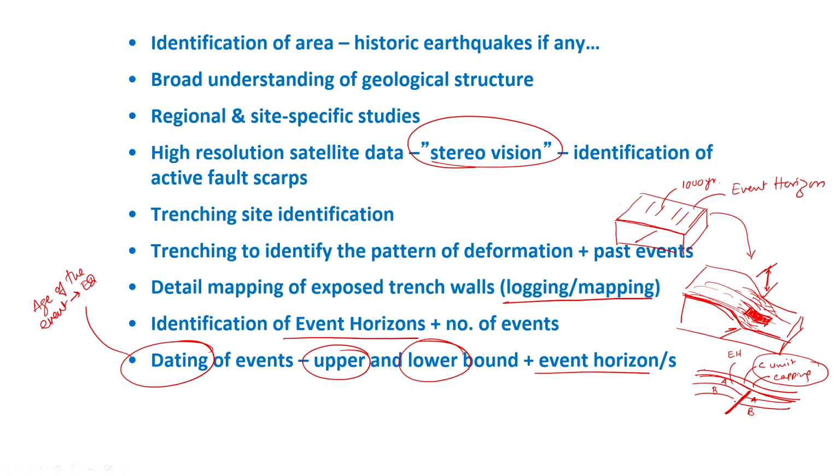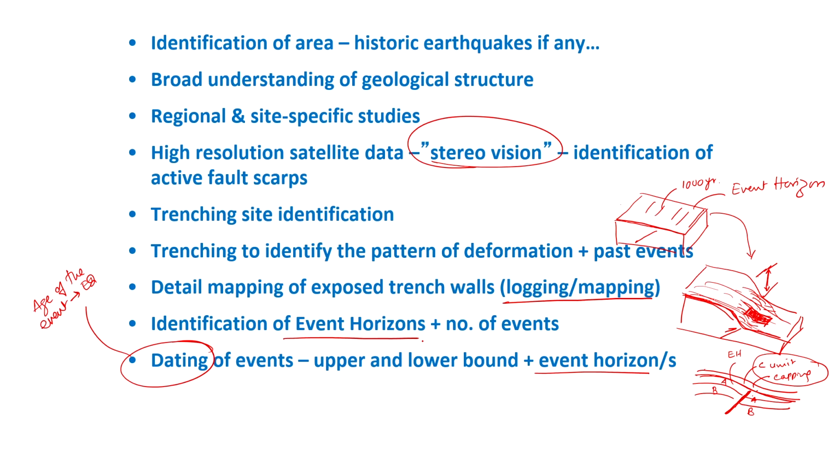and what we do is that we take an upper bound and lower bound. Okay, upper bound means that we take the youngest age from A, and the oldest age of C actually. So this we will be talking about, but we usually use the upper bound and lower bound to bracket the event.